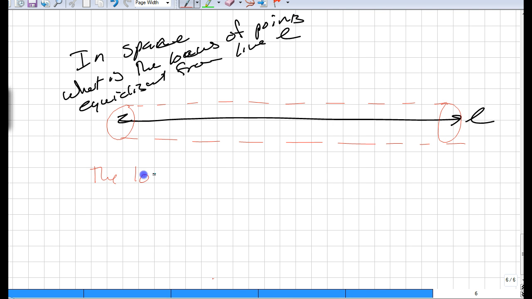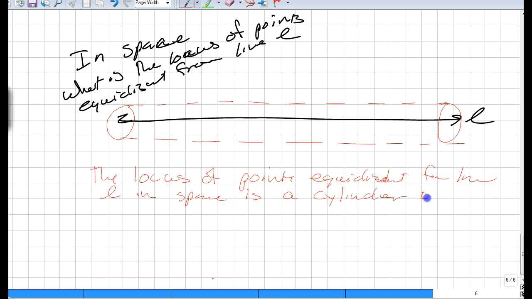So we'd say the locus of points equidistant from line L in space is a cylinder with L as its center.